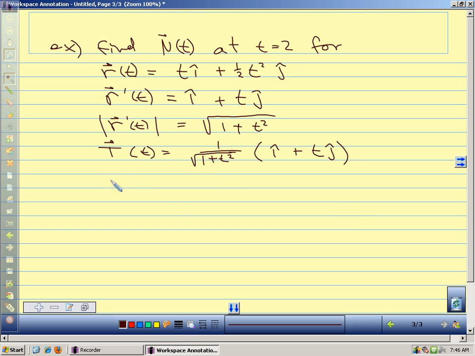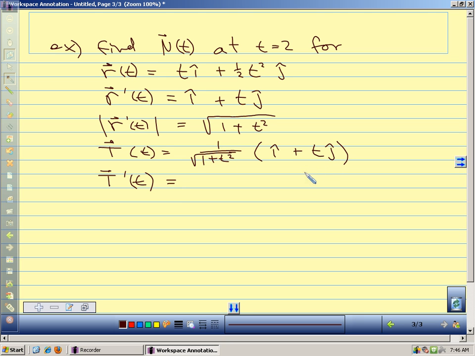Now, in order to find our unit normal vector, we have to find T prime. So we have to take the derivative of this expression.